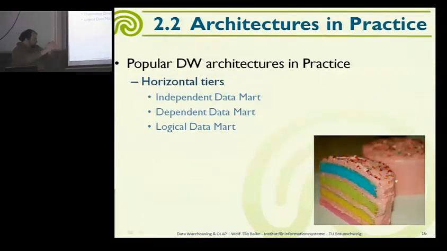Vertical tiers, horizontal tiers. You can also partition your data warehouse in horizontal parts. There are basically three models: the independent data mart, the dependent data mart, and the logical data mart.